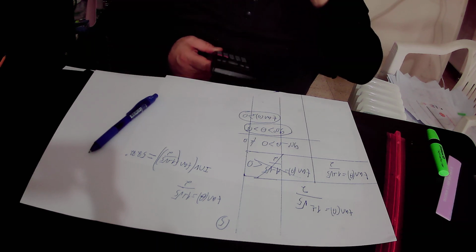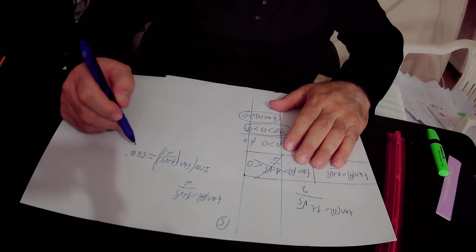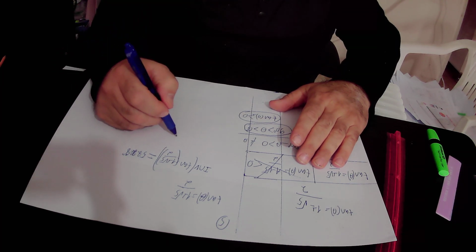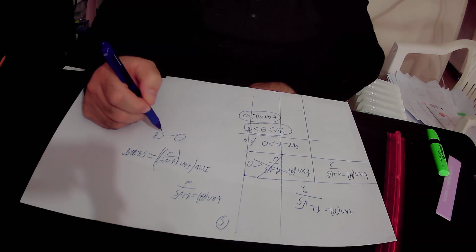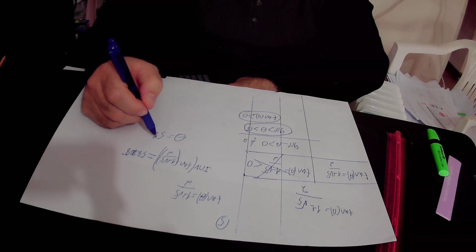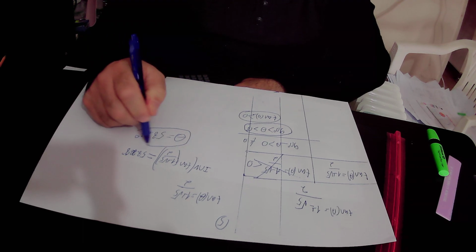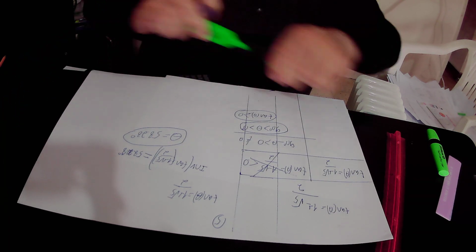Okay, 58.28 degrees. So we found out that angle theta itself is equal to 58.28 degrees. That is the answer to the question, the angle that we are looking for.